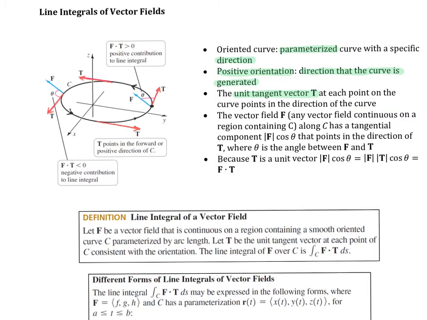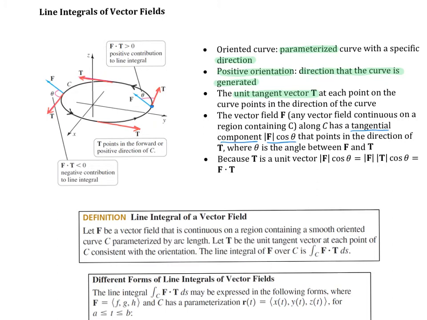Okay, so let's say that we have this curve and we're just plopping it down into some vector field. Any vector field, doesn't matter what this vector field is. At each point on this curve, we can find what's called a tangential component of our vector field.